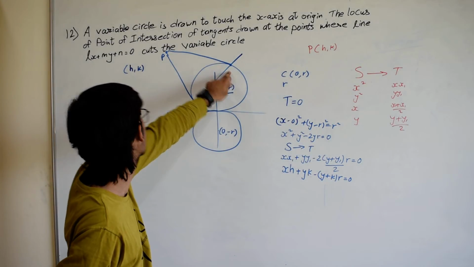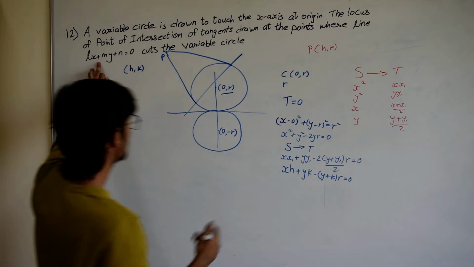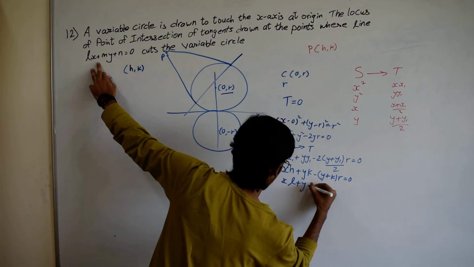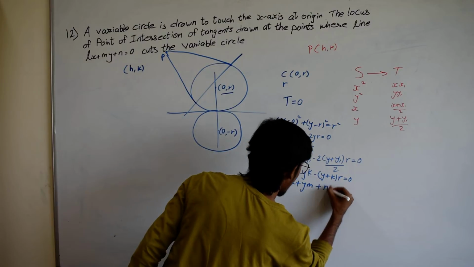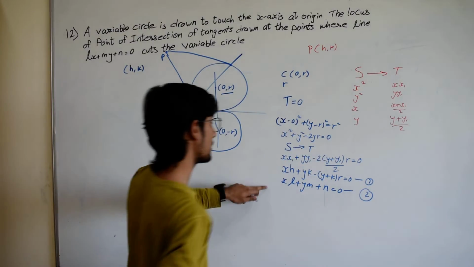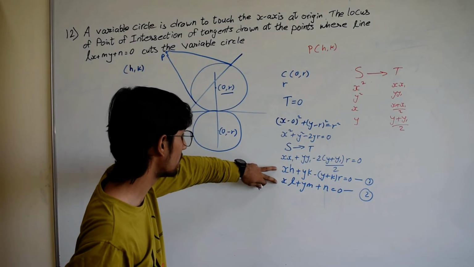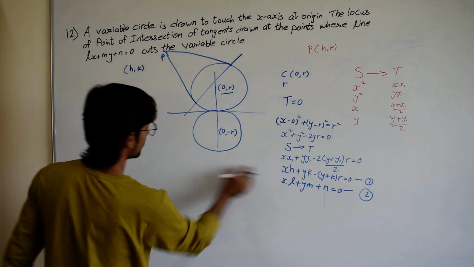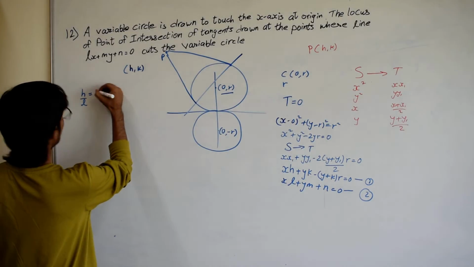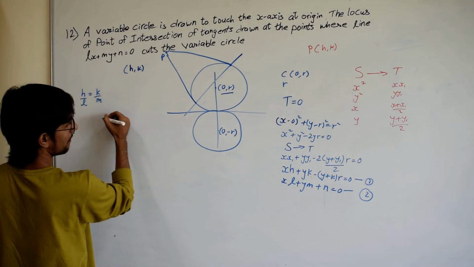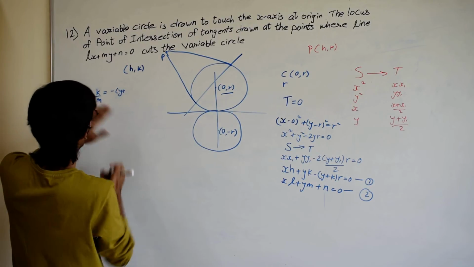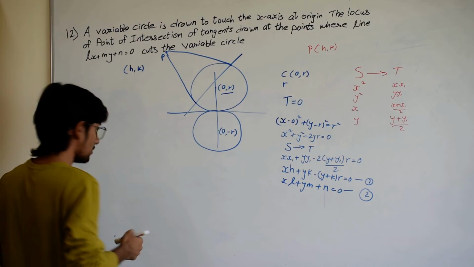It is also given that this is the same equation for this chord. By comparing both equations, we get lx plus my plus n equals 0. Both these equations 1 and 2 must be the same. For the two equations to be the same, we need h by l equals k by m equals minus... Let's separate this.